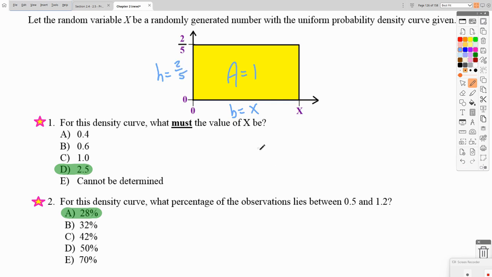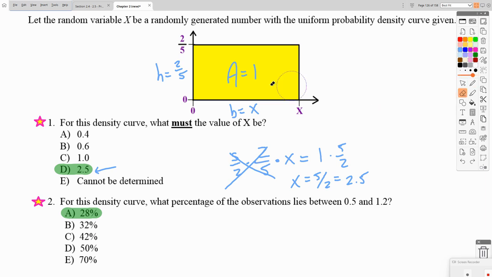So we've got to figure out 2/5 times what? Base times height has to equal 1. If we multiply by the reciprocal on both sides so that we can get rid of the 2/5 with 5/2, well, 1 times 5/2 is 5/2. 5/2 as a decimal is 2.5, which is why the answer for x must be 2.5.